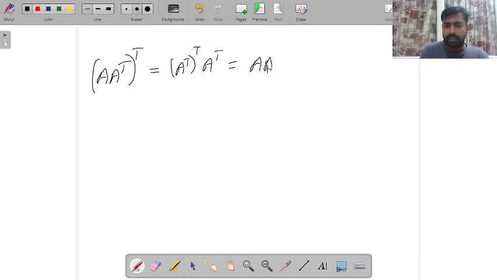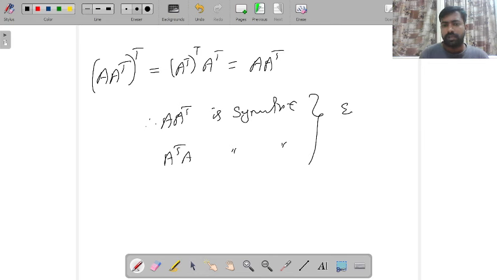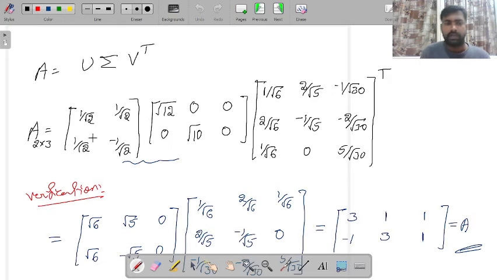This is the same as A into A transpose. Therefore, A into A transpose is symmetric. And similarly, A transpose into A is also symmetric. And we know the eigenvectors of a symmetric matrix are orthogonal. So anyway, you will get orthogonal vectors only. The only thing you need to do is make their length 1. It means you find the length and divide by the length. That's what you have to do.